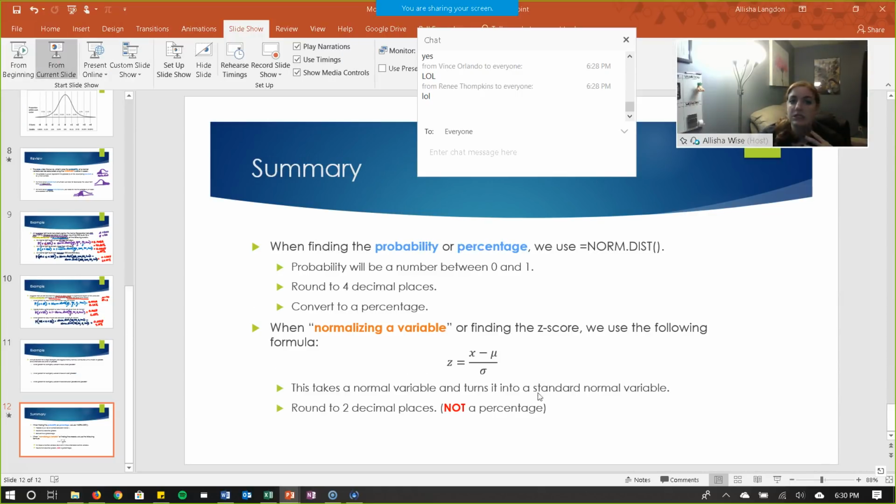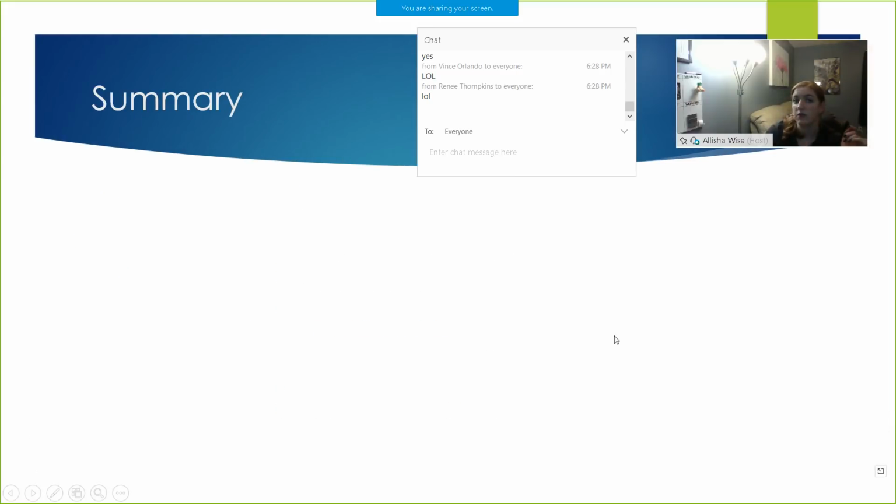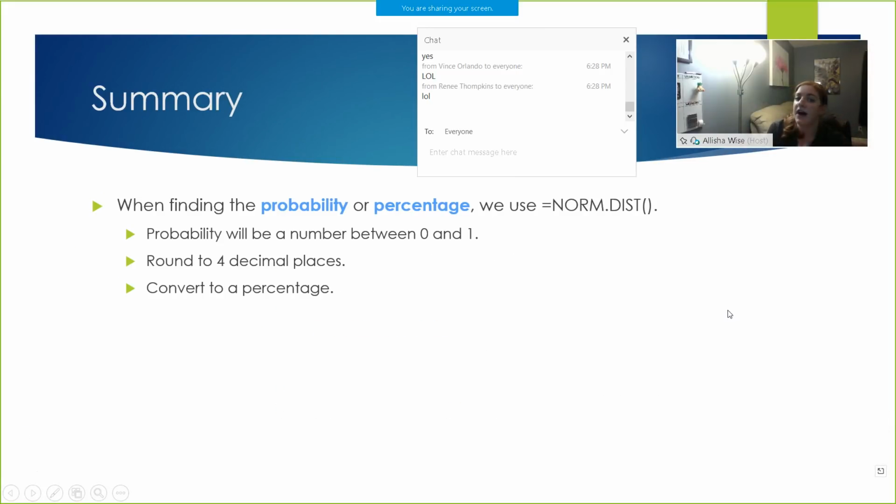But for right now, just to tie everything together, to find the probability or percentage, those are the same thing, you use norm.dis. This is one where you're rounding to 4 decimals. Your probability should be a number between 0 and 1. It should not be negative. It will not be like 3.7. You change it to a percentage like we did with the 9% or the 0.6%.